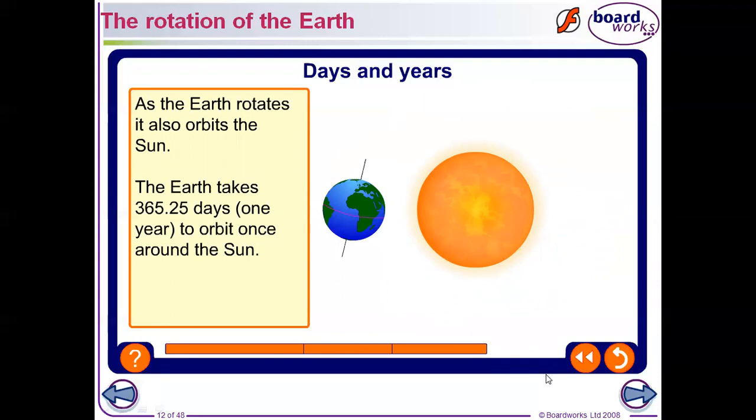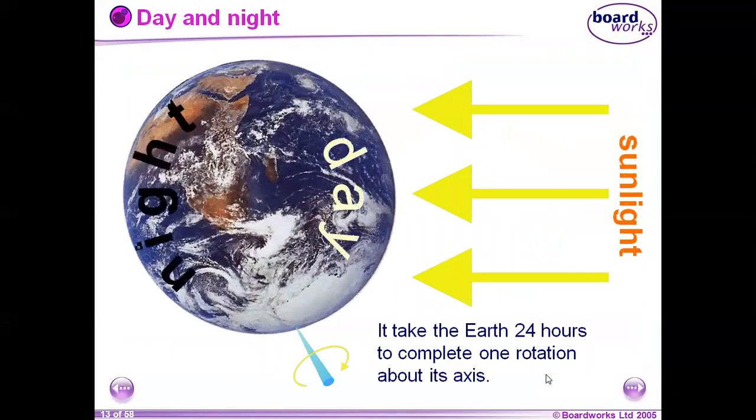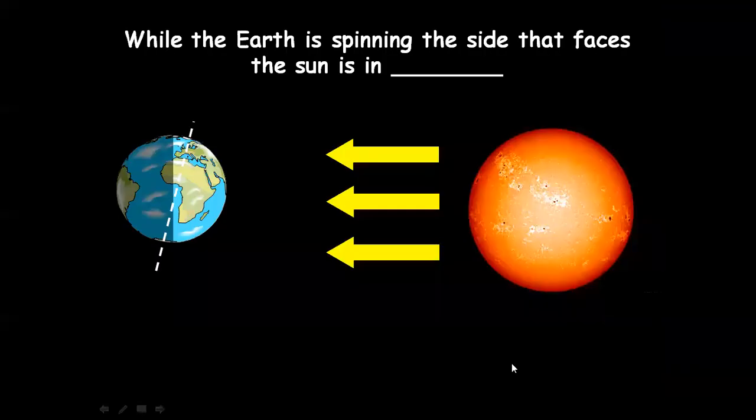Okay, now this is a sample of day and night. The sun is actually from this side, so this side is the day side, while the other side, where the sun cannot get to, is on the night side. So it takes 24 hours. We've said it before.